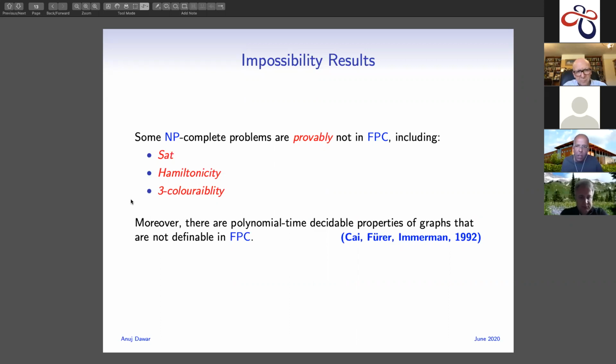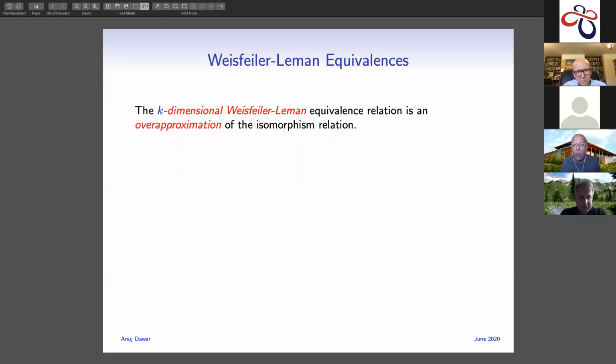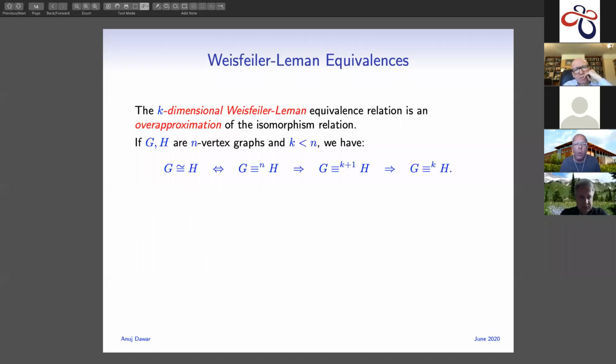Now, a quick word about how we prove these impossibility results, because I want to lead into my discussion of arithmetic circuits. These are tied to something which is called the Weisfeiler-Leman equivalence relations. Again, I'm not going to define these. Here's what you need to know about them. These are equivalence relations on graphs, parametrized by a natural number k.